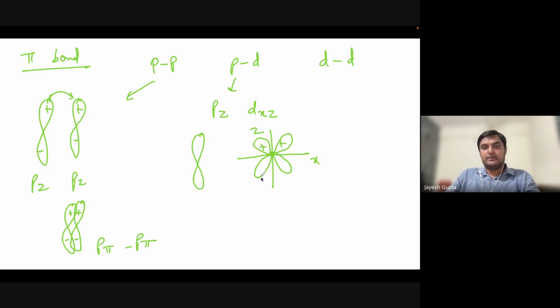This will be a positive lobe, this a negative lobe, this positive and this negative. Now you can see the positive lobes will come closer to each other and make a pi bond. After the pi bond is formed, it will look like this.